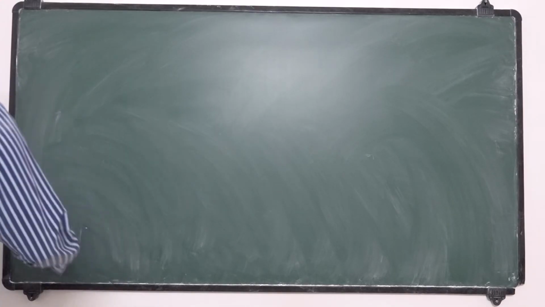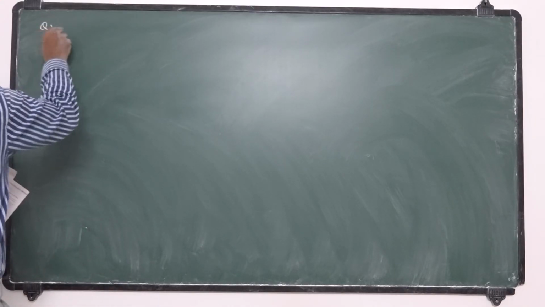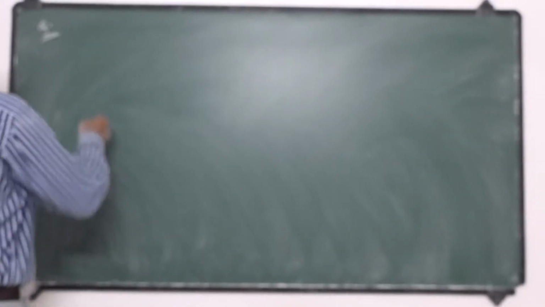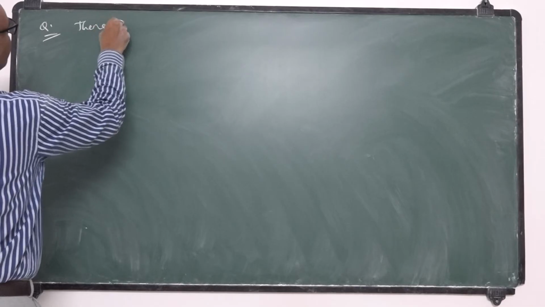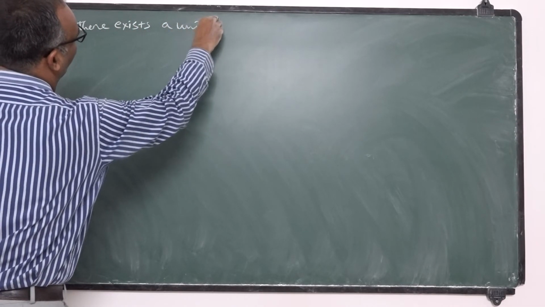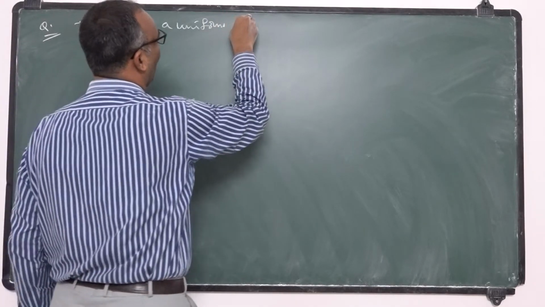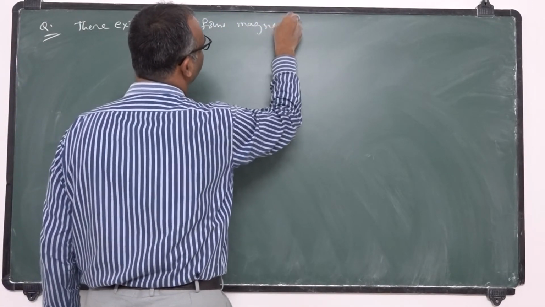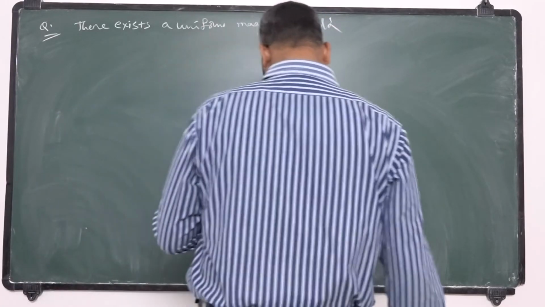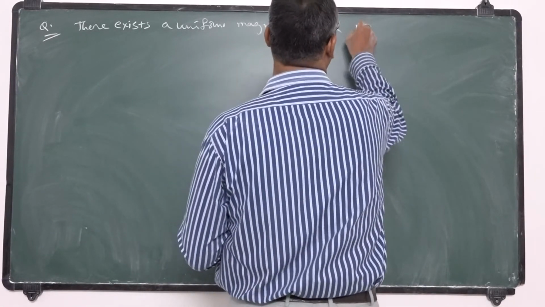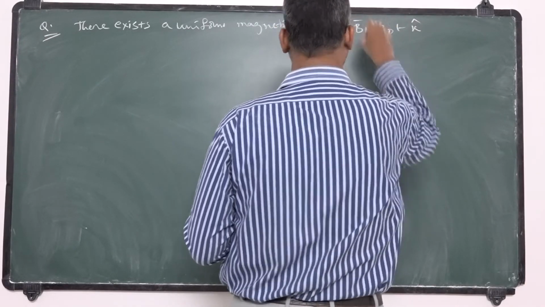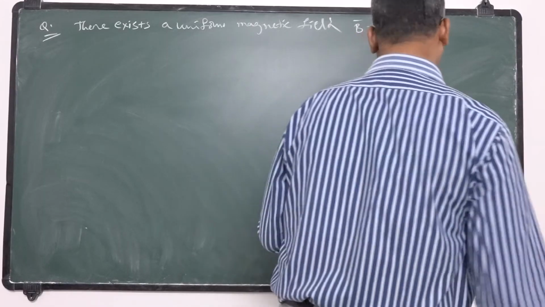Let us solve one more question. There exists a uniform magnetic field B equal to B naught t K cap, a function of time, in a region.